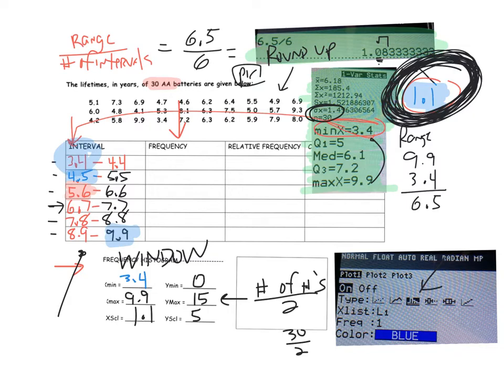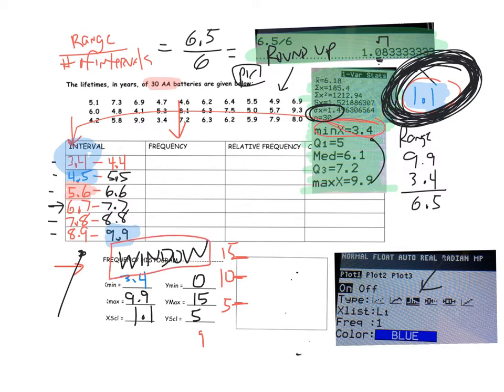What that's going to do is draw a histogram and the top of the y-axis. So on the left-hand side, it's going to go all the way up to 15, and the y scale is 5, so it'll put marks at every 5. So basically, the graph will show you the 5th and the 10th value along that y-axis. So press the viewing window button and enter in these values.